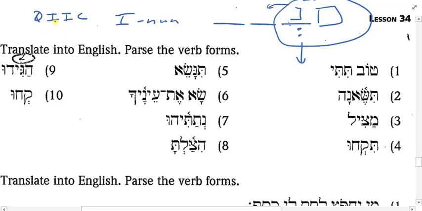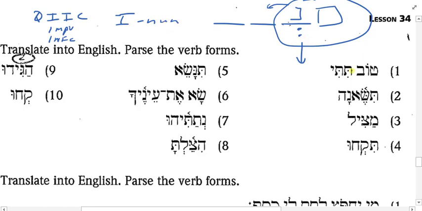The CAL imperative and the CAL infinitive construct. We get aphoresis of root one noon when? If my theme vowel for the imperfect is not holum. If it's not the normal holum, then I get aphoresis. And we'll look at examples of where that happens in our homework.